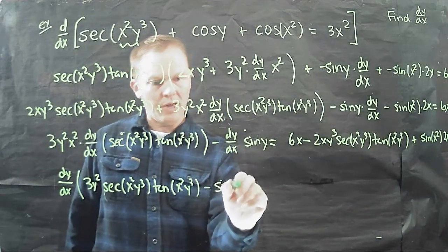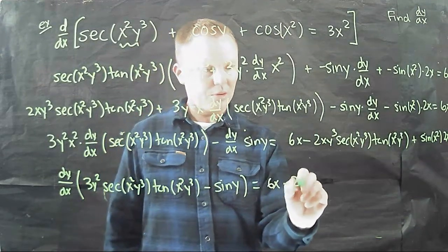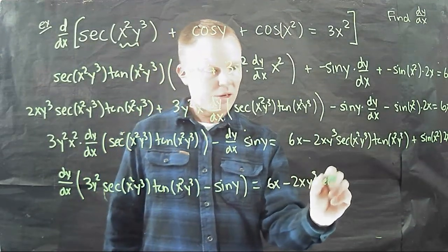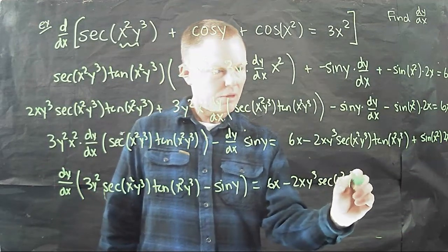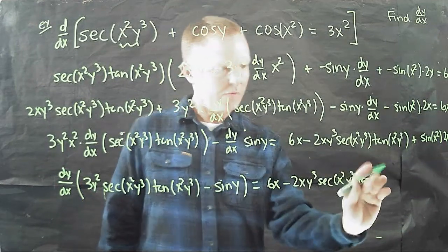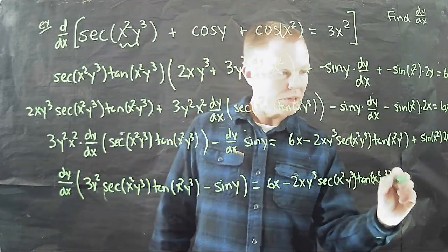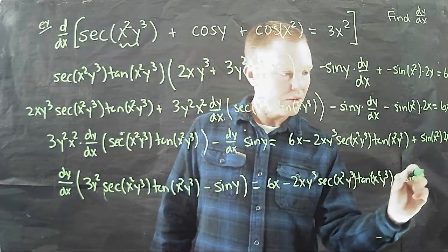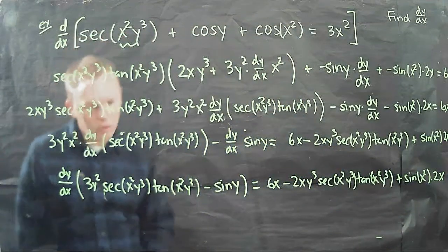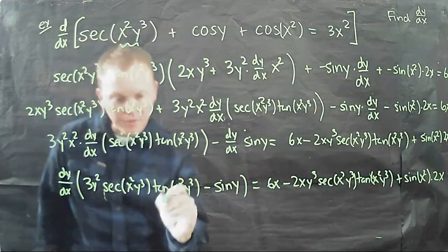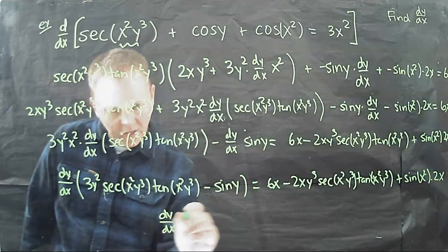Minus sine y equals 6x minus 2xy cubed secant x squared y cubed tangent x squared y cubed plus sine of x squared times 2x. And now we get to divide. Whew. And fortunately, we barely have enough room left here for the very end, the big finish.